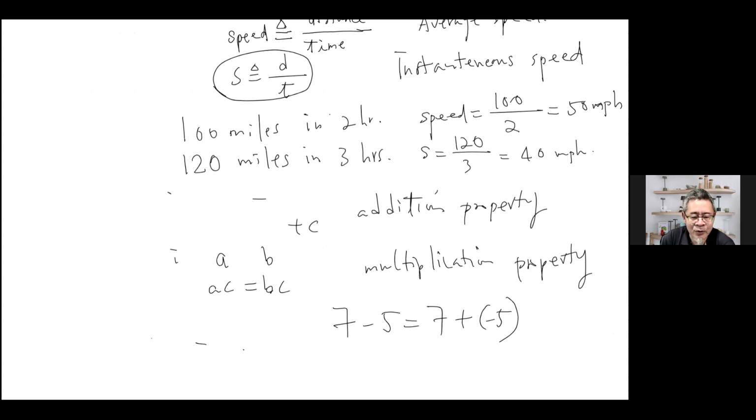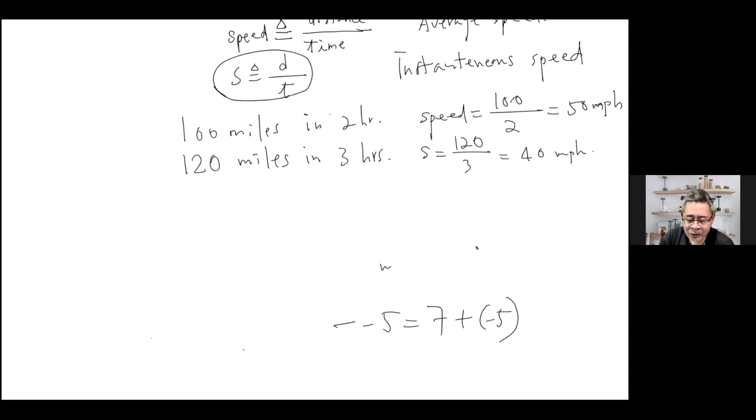And that's basically what we do in algebra: we put the unknown onto the left side of the equation, and everything else goes to the right. So if we know speed is equal to distance over time, and we know the speed and the time, we're trying to find D. D is unknown.